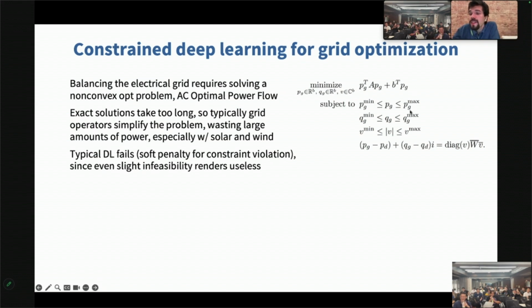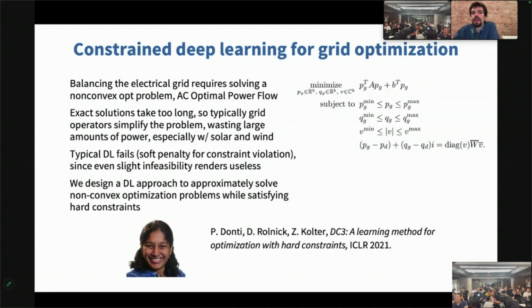Because this is physics equations, right? If the power doesn't flow on the electrical grid, then everything breaks. So you really need to make sure you satisfy the constraint. And so we have a constrained deep learning approach that can solve non-convex optimization problems approximately.